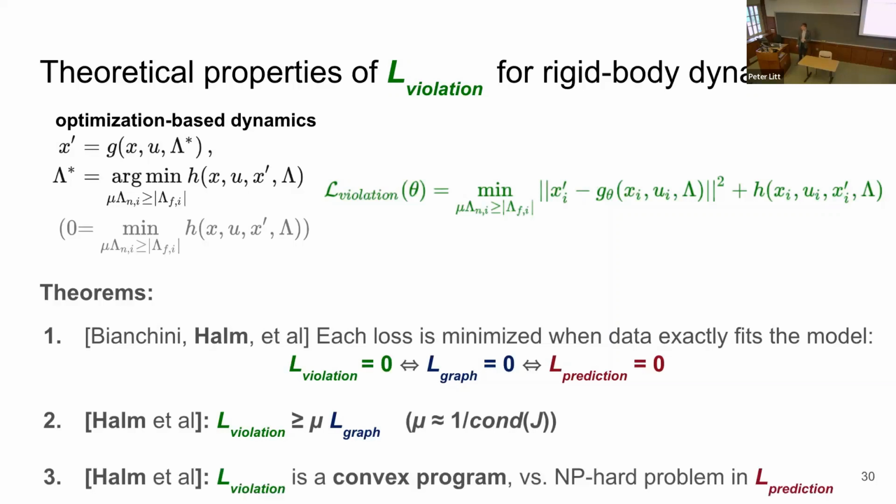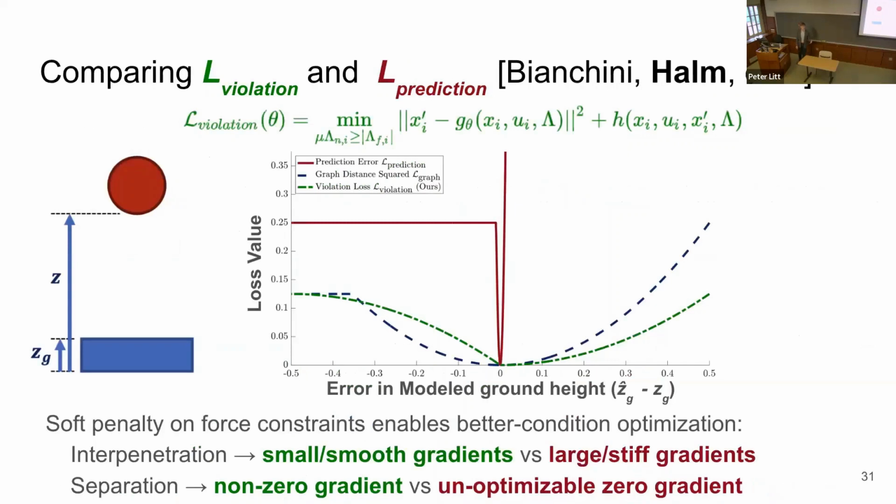And finally, because of the different structure that we've used in this loss, we can actually pose it as a convex program that is much easier to solve than the NP-hard non-convex programs often embedded in prediction error. So that's one reason: it's easier computationally to solve this loss than prediction error. But there's also a practical optimizability perspective that is important as well.